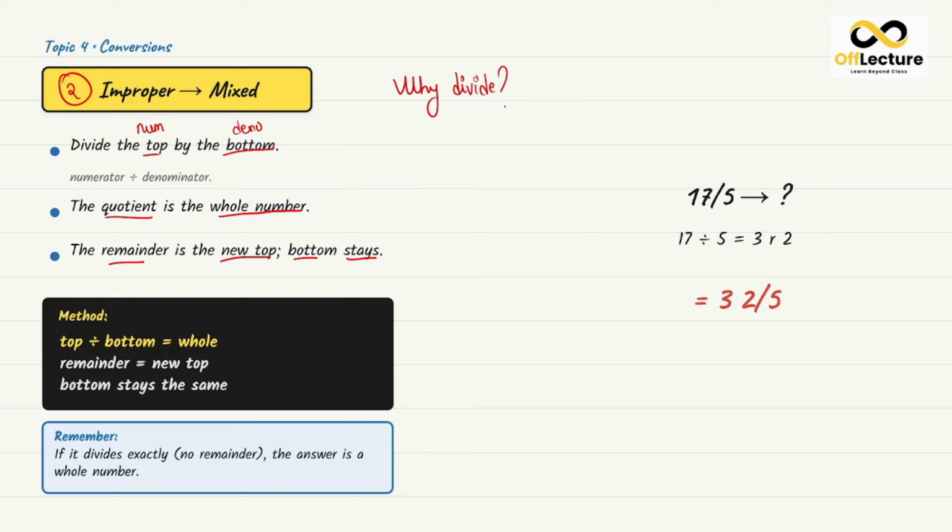Each whole needs denominator-many parts. In the previous conversion we understood that each whole is equal to denominator-many parts. So by division we want to know how many full wholes we are getting.